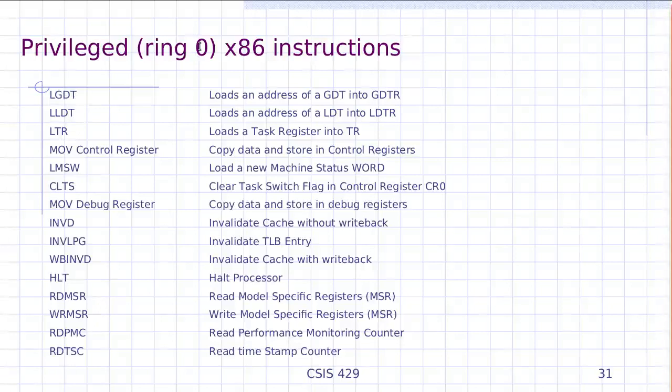If you're in ring 3 and you try to execute this, you would just get an error message and your program would crash. Okay, so these are just examples. You can, for example, halt the processor, something that you can only do in ring 0. You cannot write a program in user mode to halt the processor, because then you can stop everything.